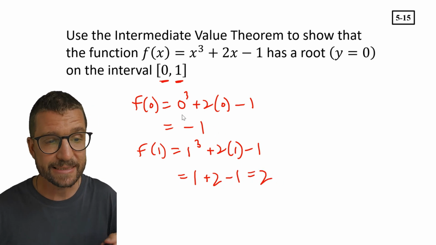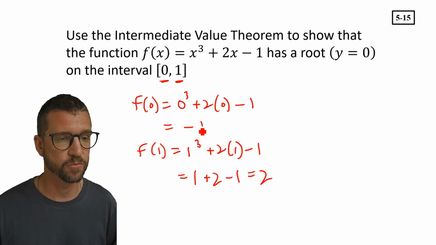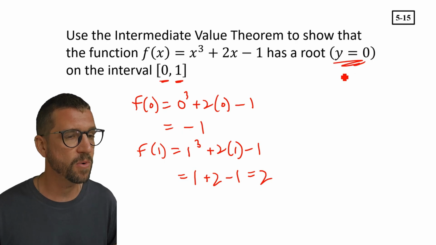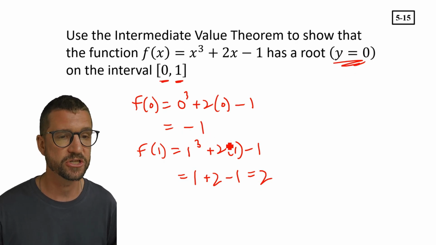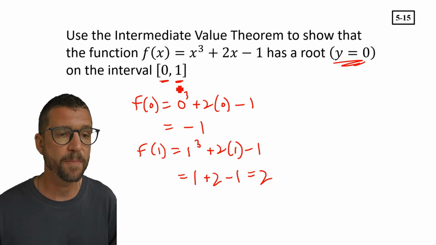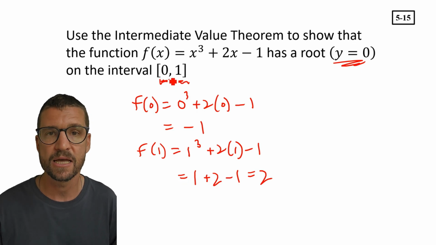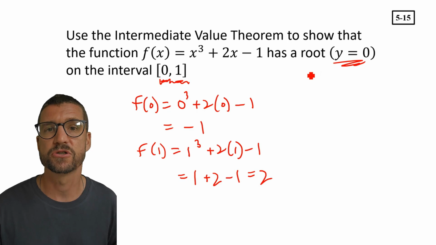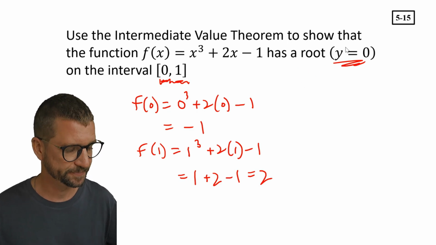Now the idea here is that f of 0 is negative 1, f of 1 is 2, so therefore y equals 0 lies between negative 1 and 2. Therefore, there must be some value c between 0 and 1 such that y equals 0.